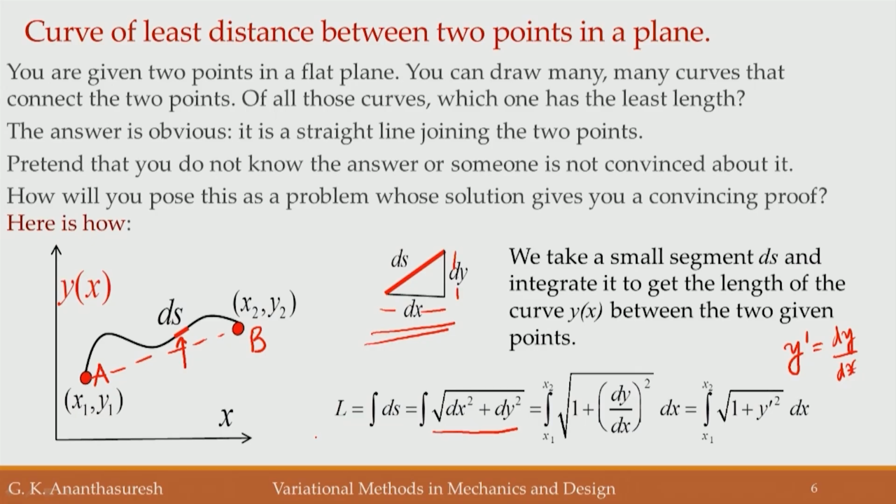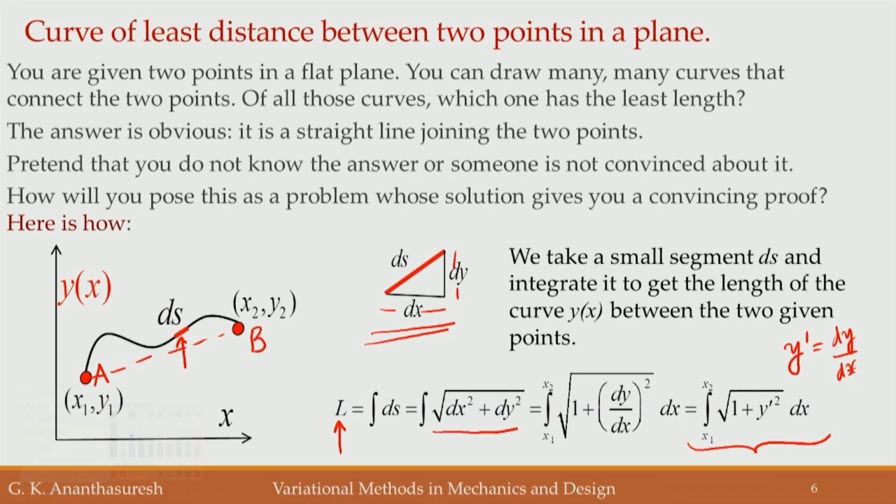So, what we get is the length of the curve between points A and B. If you draw a curve like what we have shown in black here, the length of that is given as an integral, or what we call a functional, from limits x1 to x2 of square root of 1 plus y prime square dx.